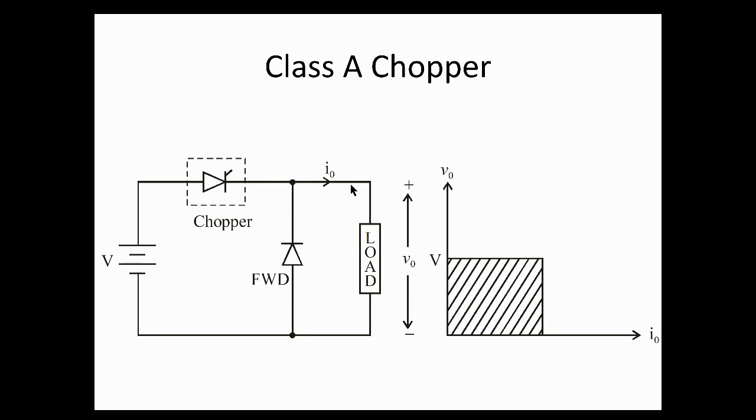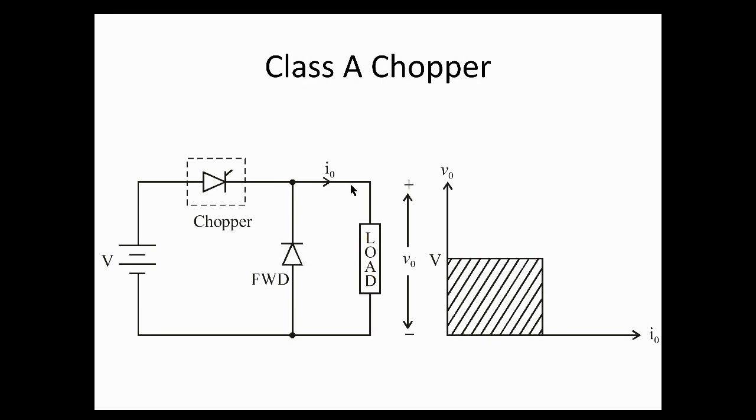All right, so I want you to look at the diagram for a brief moment and try to analyze it. That is the current and the voltage, the output voltage and current, are they positive?